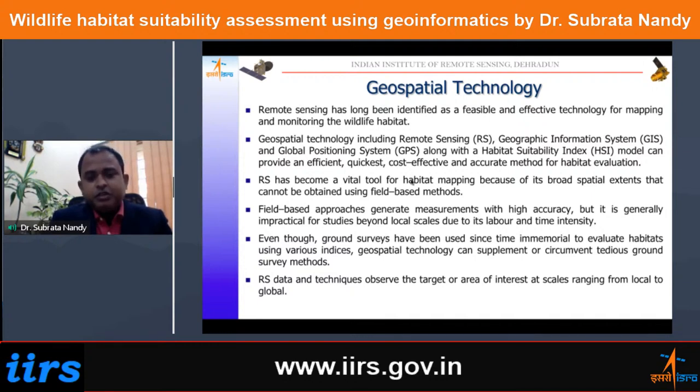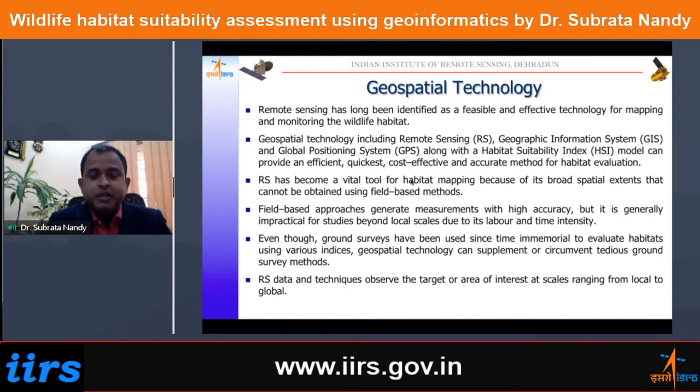Geoinformatics has become a vital tool for habitat mapping because remote sensing can cover a large extent, both spatial as well as temporal, which cannot be done with field-based approaches. But here I must mention that it is not like I forget the field data and only through remote sensing I'll be doing this study.